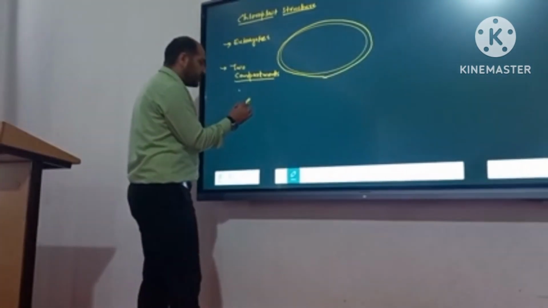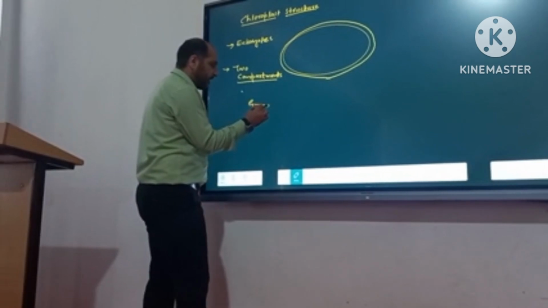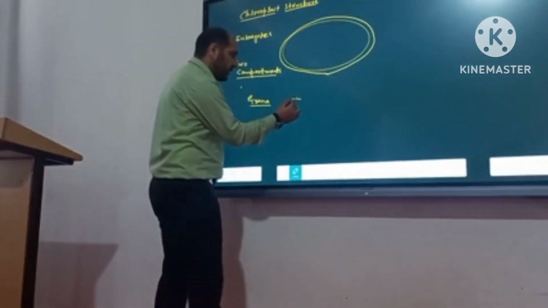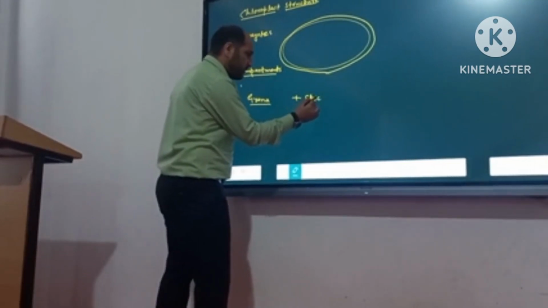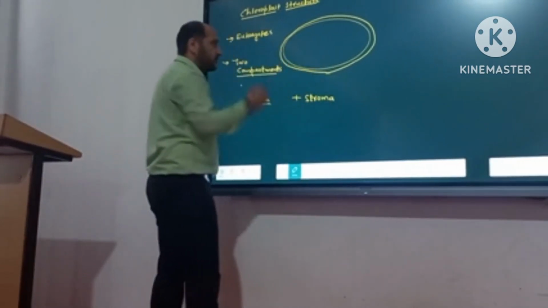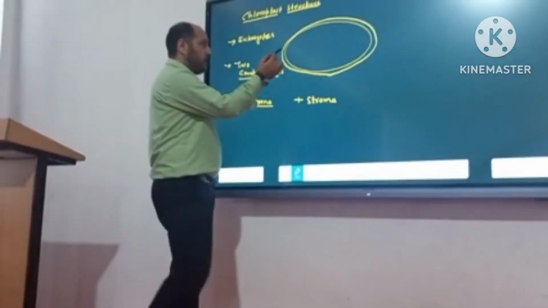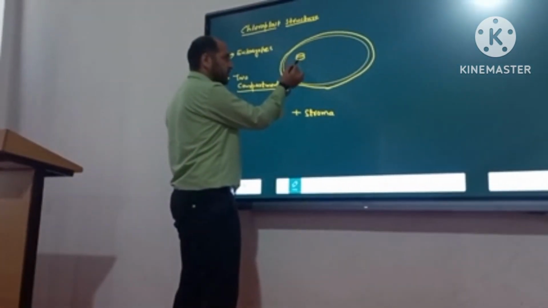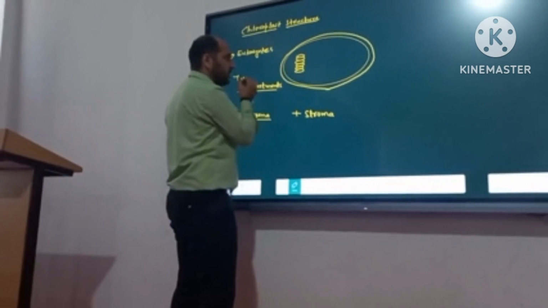One we call grana and another we call stroma. Let me clear it from this diagram. Here there are disc-like structures stacked one upon another like this.